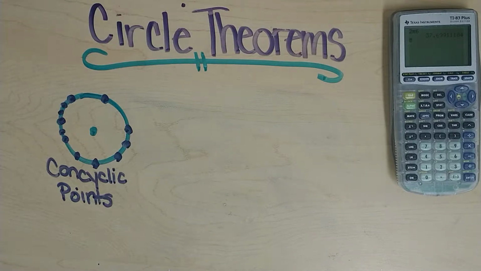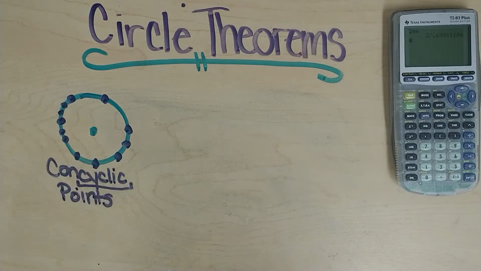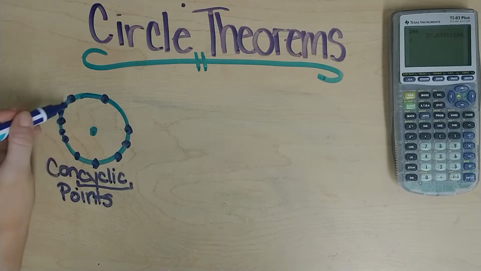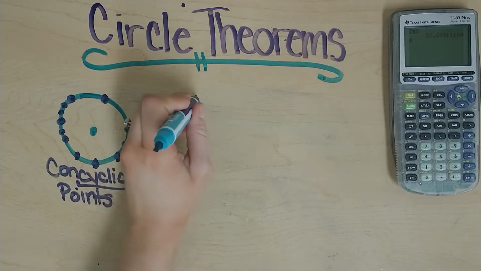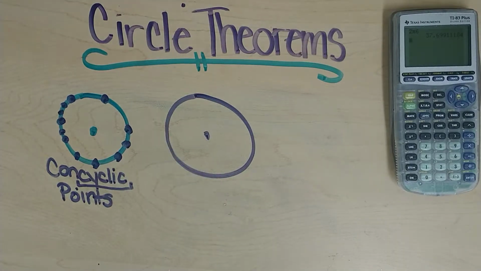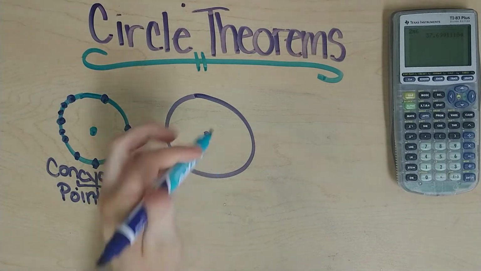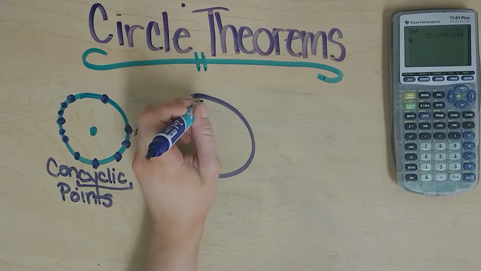In order to remember the name of this theorem, you could think of cyclic being similar to cycle, like a bicycle. Okay, concyclic points. Our next one are concentric circles. So here is my circle. Here is the center point. Concentric means that all of the circles are going to have the same center point. Concentric.